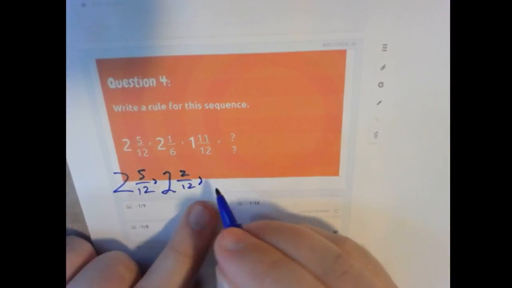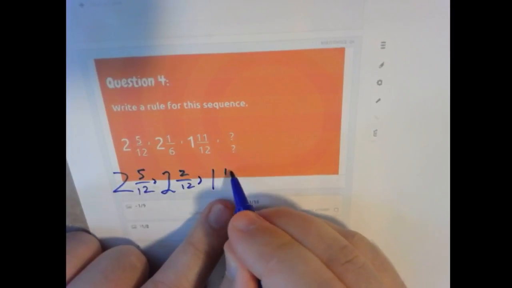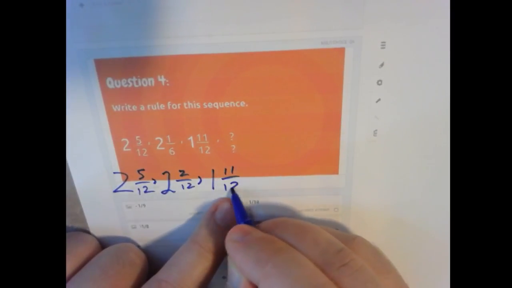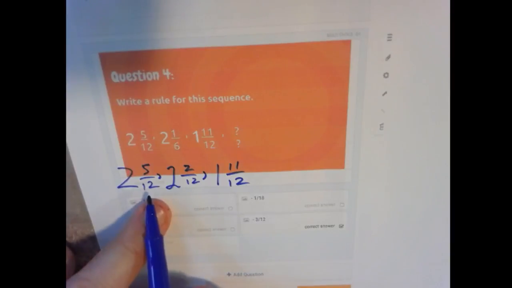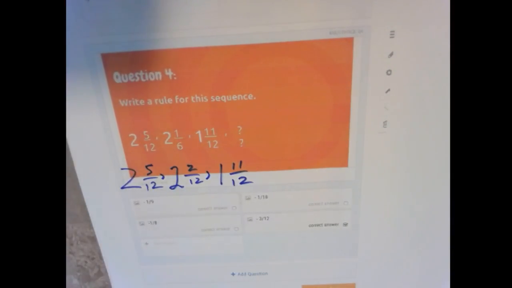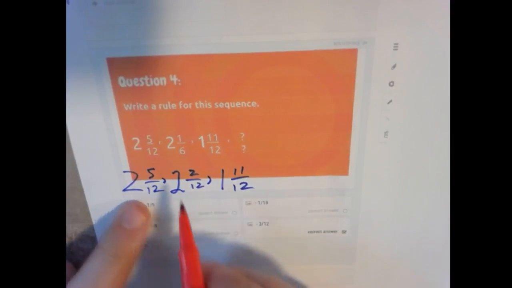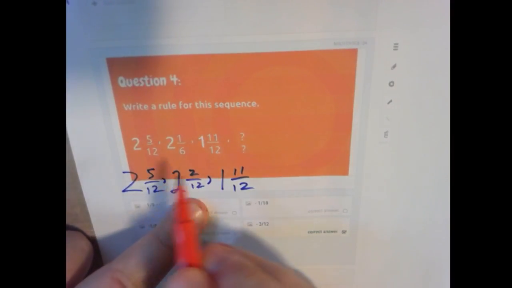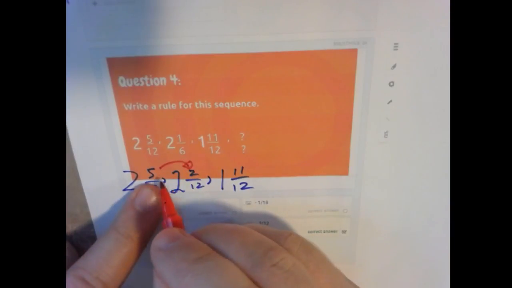Okay, and this is already in 12ths, so that's good. So what would this step coming up be? So from 5 to 2, how much are we losing or gaining? Okay, the whole number didn't change, but from 5 to 2, that's 3 steps down, right? 5, 4, 3, 2.